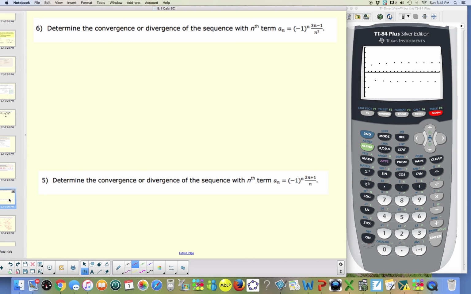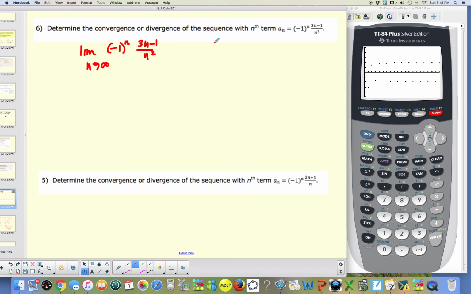All right, let's take a look at solving problem number 6. We want to find the limit as n approaches infinity of -1 to the nth power times 3n minus 1 over n squared.